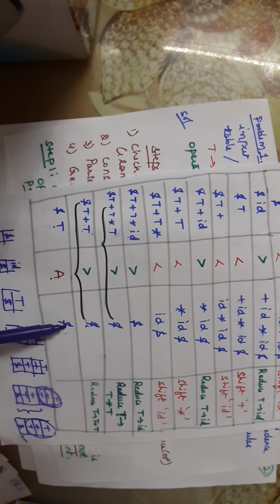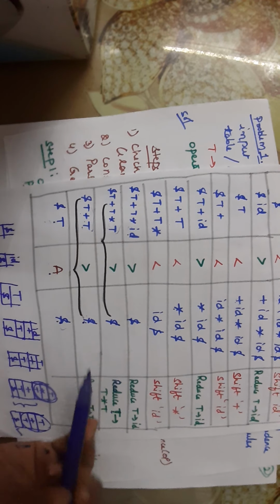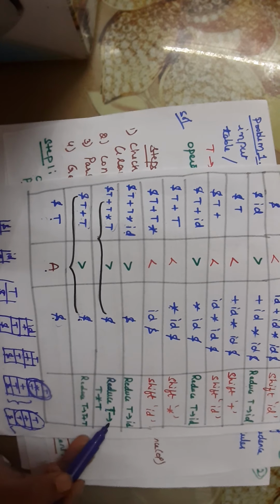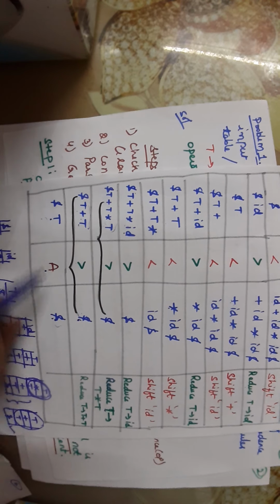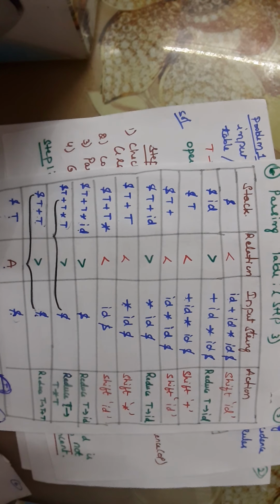We don't compare this dollar and this dollar because our aim is to finally get this capital T. So once we get this capital T, that is the parent variable, we will stop the comparison and we will write it as accept. And this is the way we find out what are the productions which can be used in order to generate this parent variable from the given input string ID plus ID star ID.